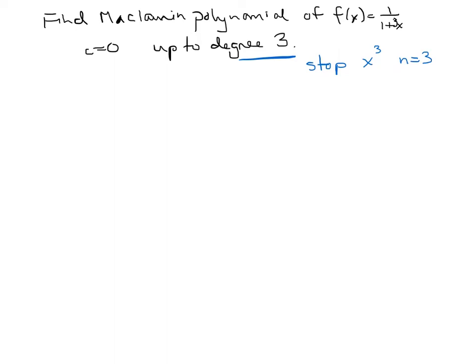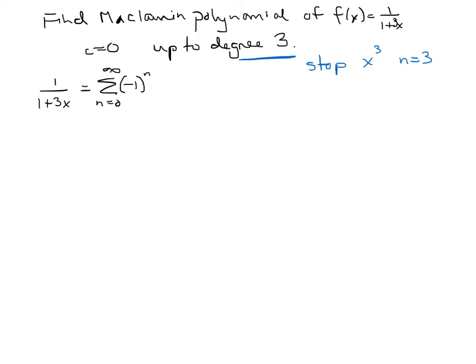Taking the function 1 over 1 plus 3x, and looking at that sheet of known Maclaurin series, the series for 1 over 1 plus x is the sum from n equals 0 to infinity of negative 1 to the n x to the n.